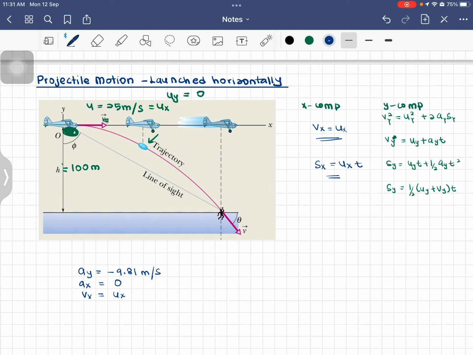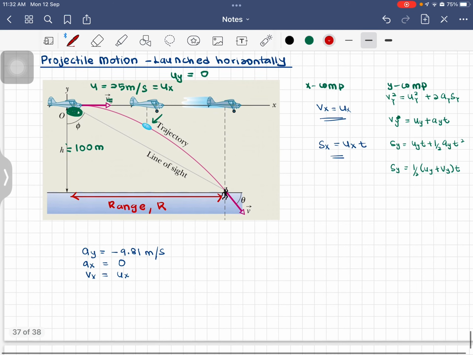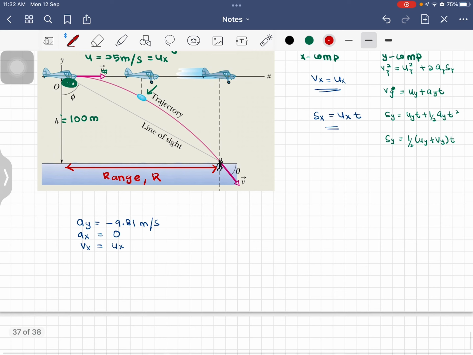You already know that this is known as the maximum height, since it is the only height that we consider. And here is our range, which is R. Let's say for this situation, the information that we get is: ax equal to 0, ay equal to negative 9.81.